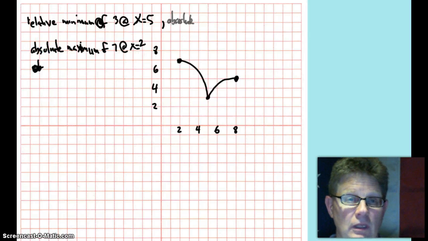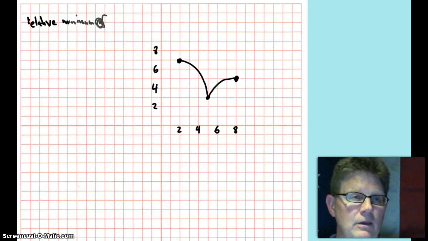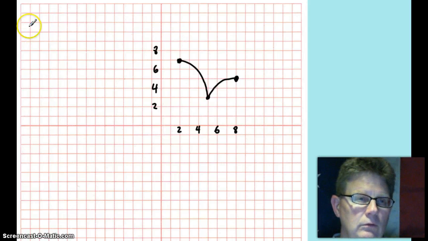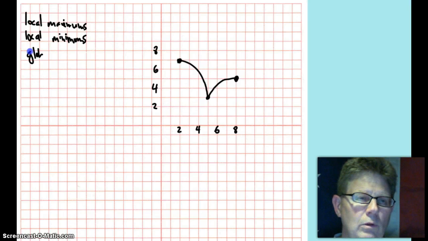Sometimes, instead, some AP questions talk about local maximums, local minimums, and global max and mins.